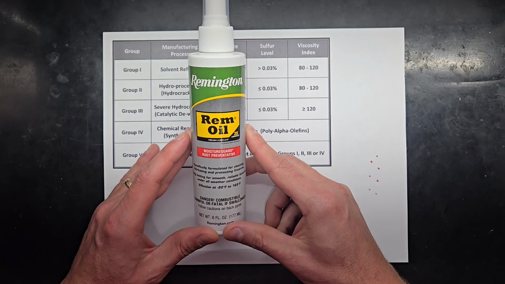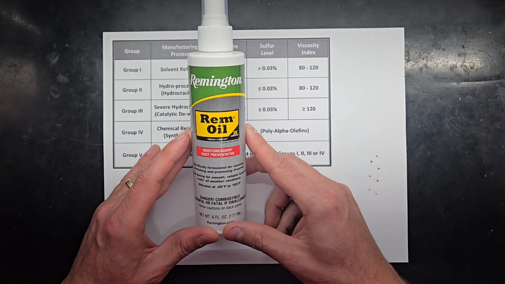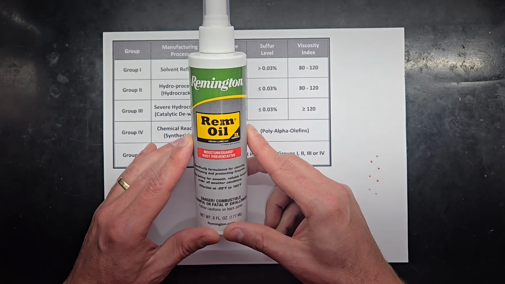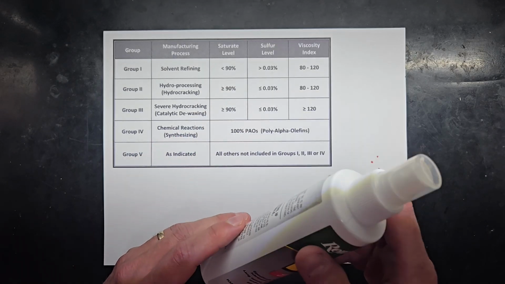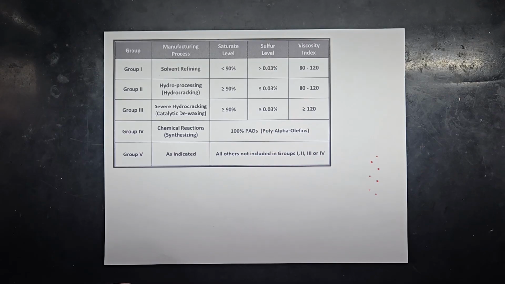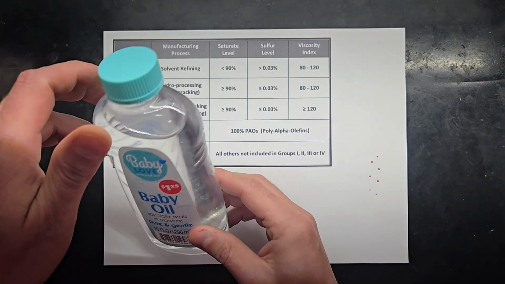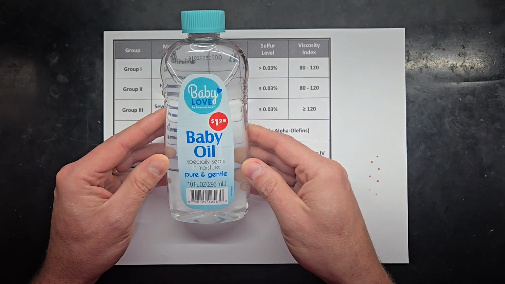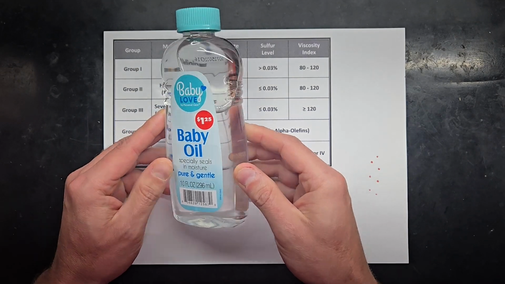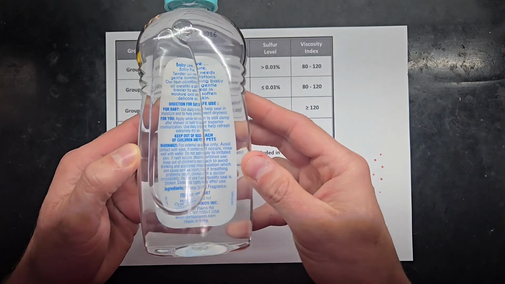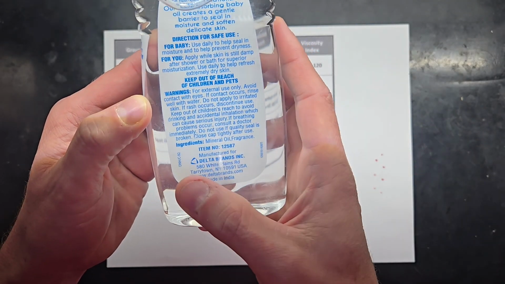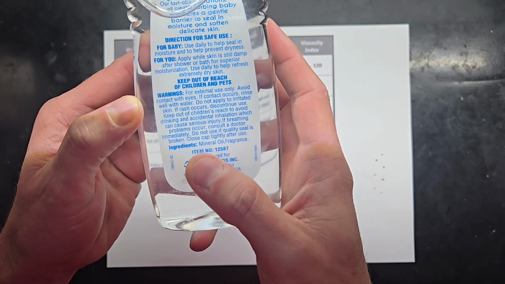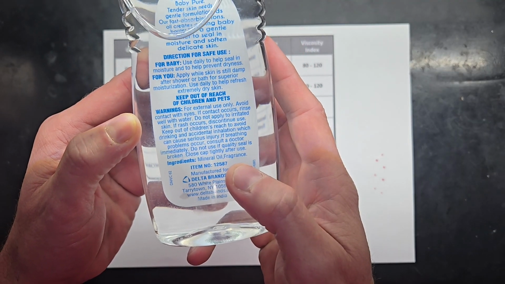And there seems to be a general consensus out there that REM oil, it's just mineral oil. And mineral oil can mean many things. Baby oil is just mineral oil. We can look on the back, and if I can get everything to zoom right, ingredients, mineral oil, and fragrance.